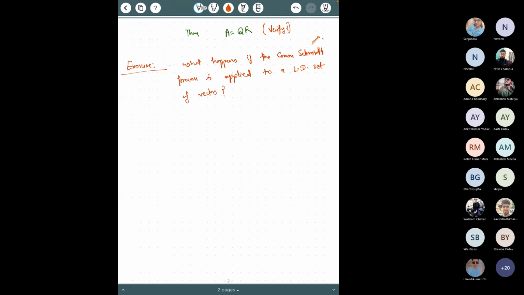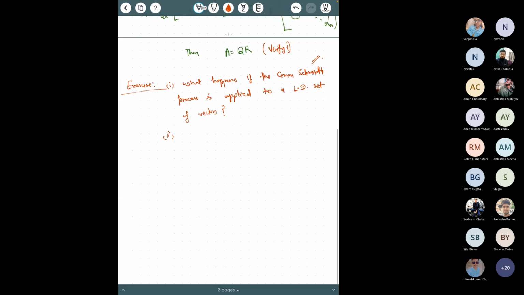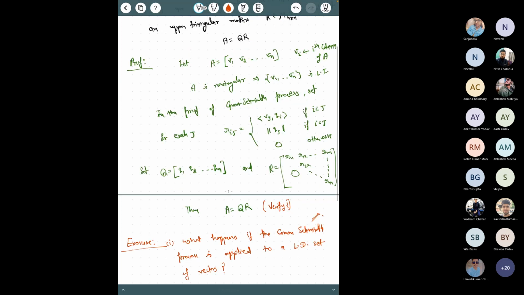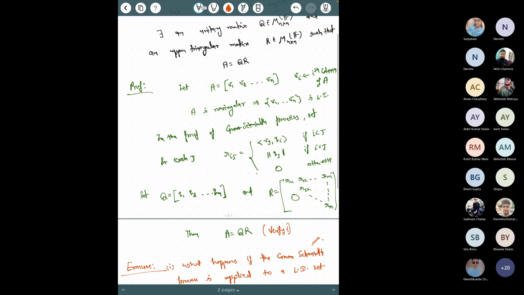And let me give you one more exercise. This is for those who know some kind of coding, so they can do some programming and write a code for finding QR factorization of a matrix via Gram-Schmidt. As I mentioned, it's very easy. You just look at the process, start with one vector, and then whatever you get, assign them into these Rijs and these columns of Q, and you will get your QR factorization.